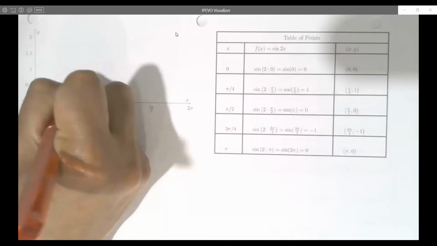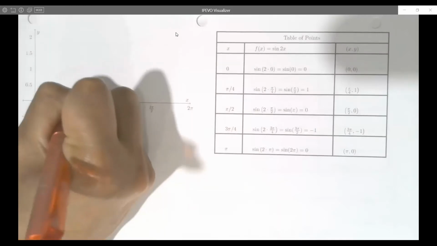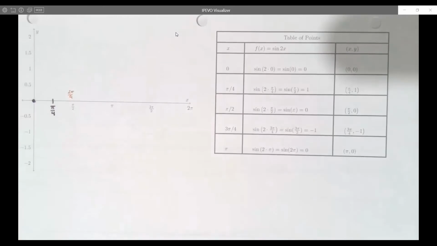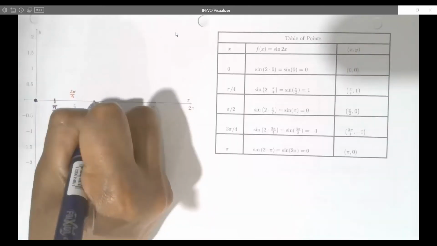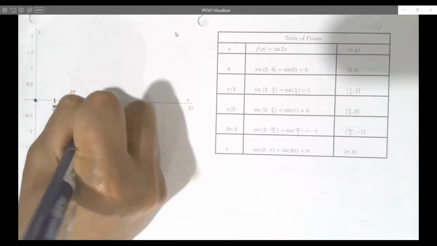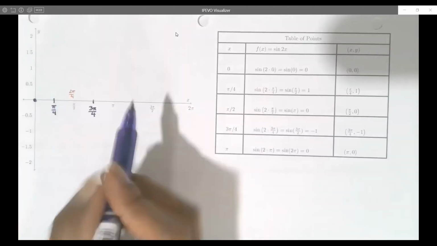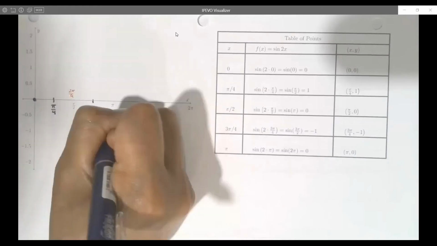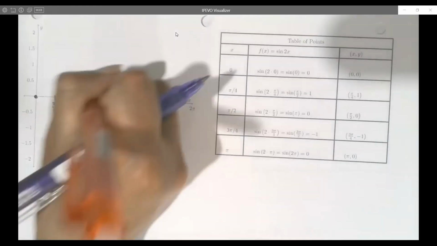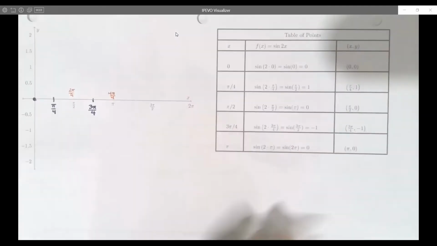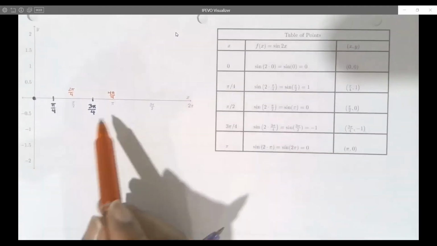But 2 pi over 4 reduces down to pi over 2. And then the next tick mark is going to be 3 pi over 4, again because we're just counting. So 1, 2, 3. And then this one would be 4 pi over 4, but it reduces down to pi. We don't really need to go beyond pi, so I'll stop there.